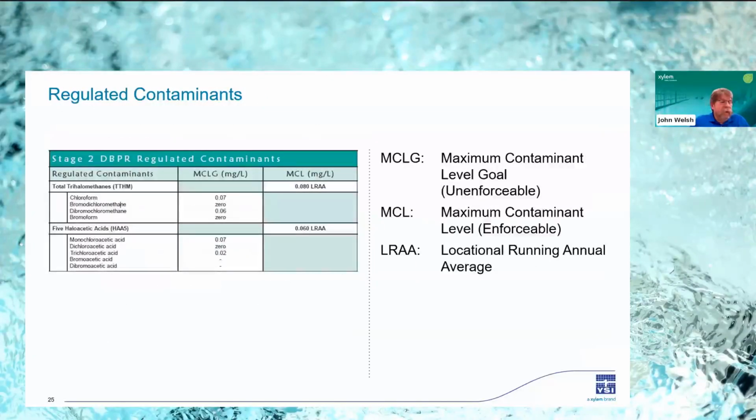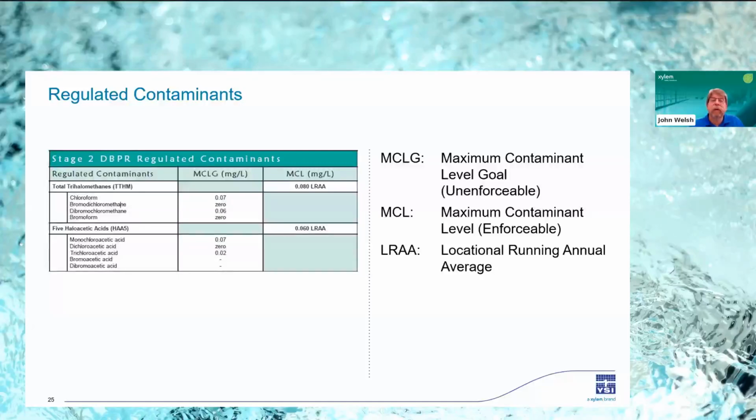The MCLG is the maximum level of a contaminant in drinking water at which no known or anticipated adverse effect on the health of persons would occur, allowing an adequate margin of safety. As noted, MCLGs are not enforceable public health goals.